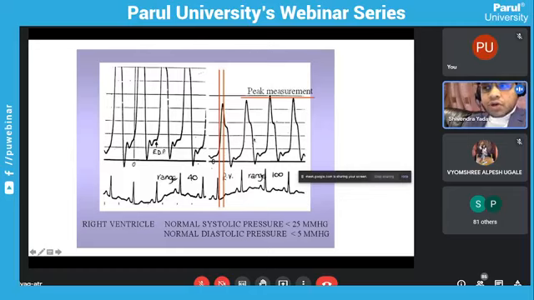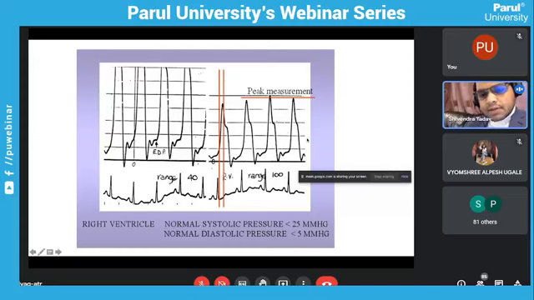Always make sure, because the right-sided heart chambers are carrying the venous blood, the pressure is lower in the right side of the heart because they are at the receiving end. They are not at the giving end. If you need to receive anything, your pressure has to be less.